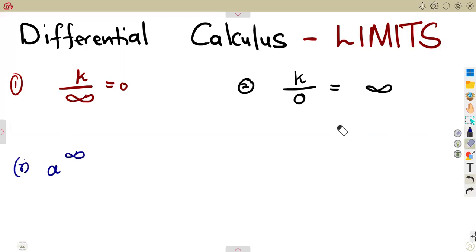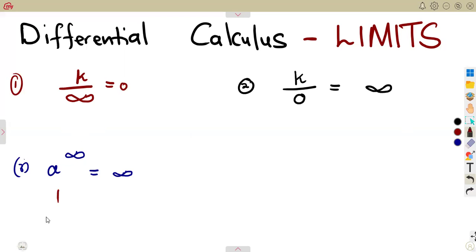It's 1. So we're not going to talk about that. We are going to consider the infinite. So a number raised to an infinite value will remain as an infinite value: a to the exponent of infinity.